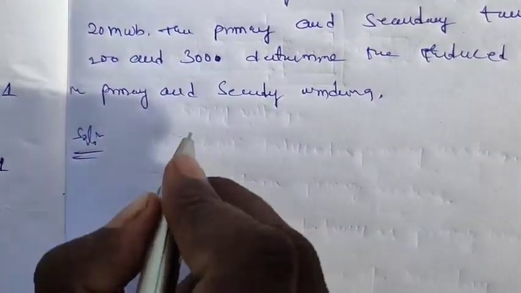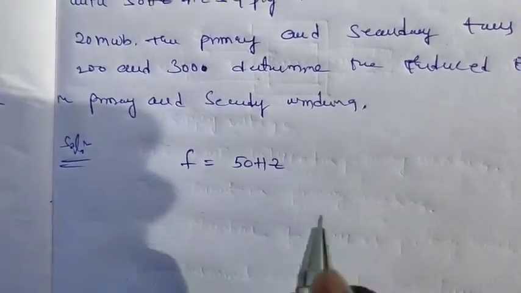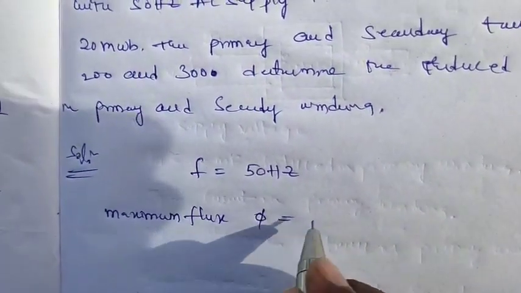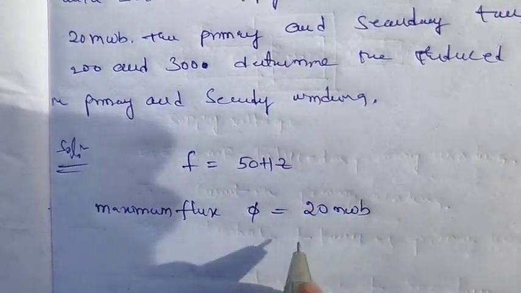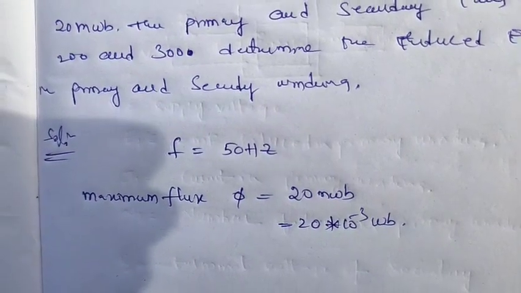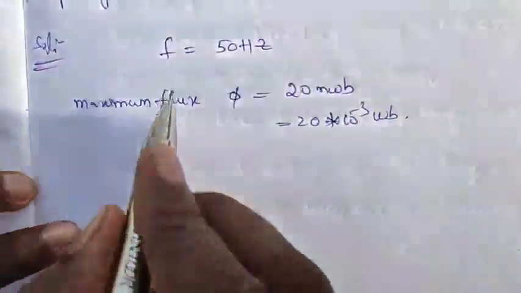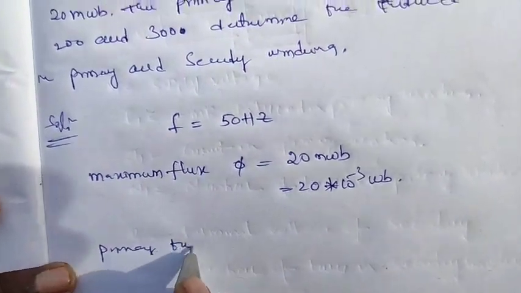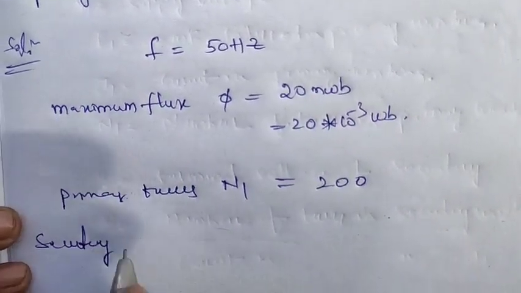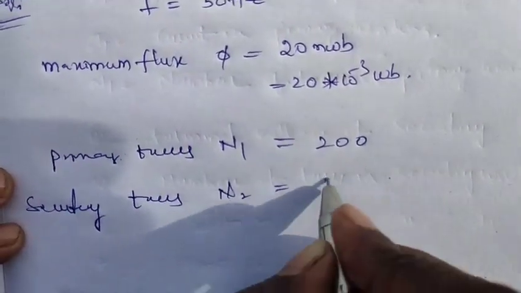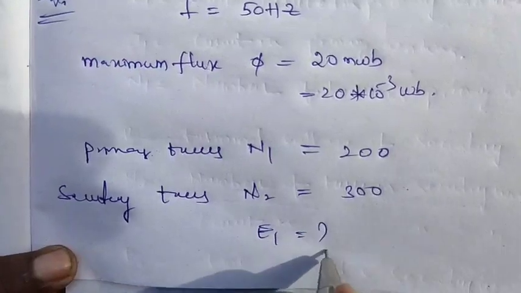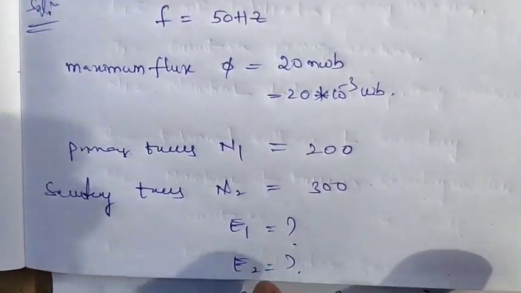So solution. Given f equal to 50 Hz, maximum flux φm equal to 20 into 10 power minus 3 webers, primary turns N1 equal to 200, secondary turns N2 equal to 300. Determine E1 and E2.